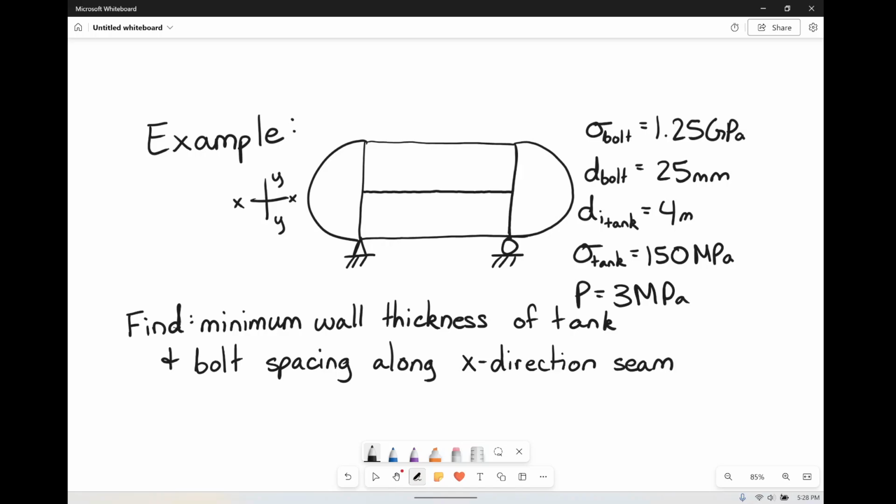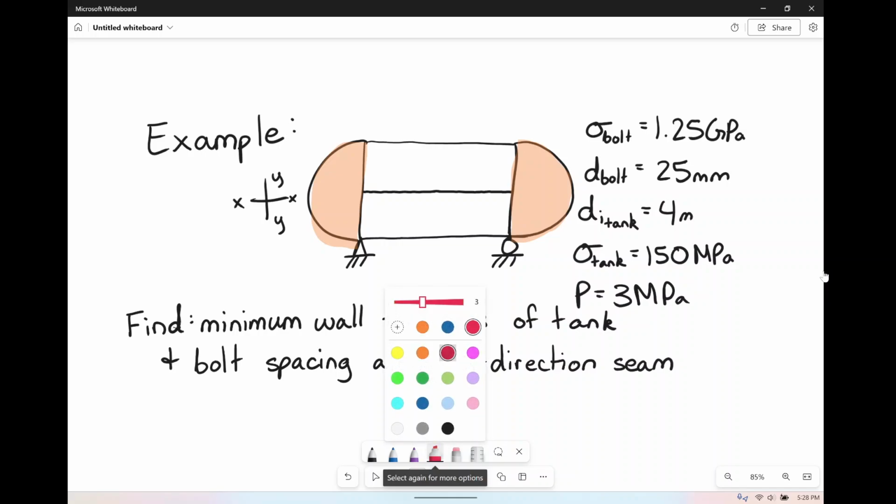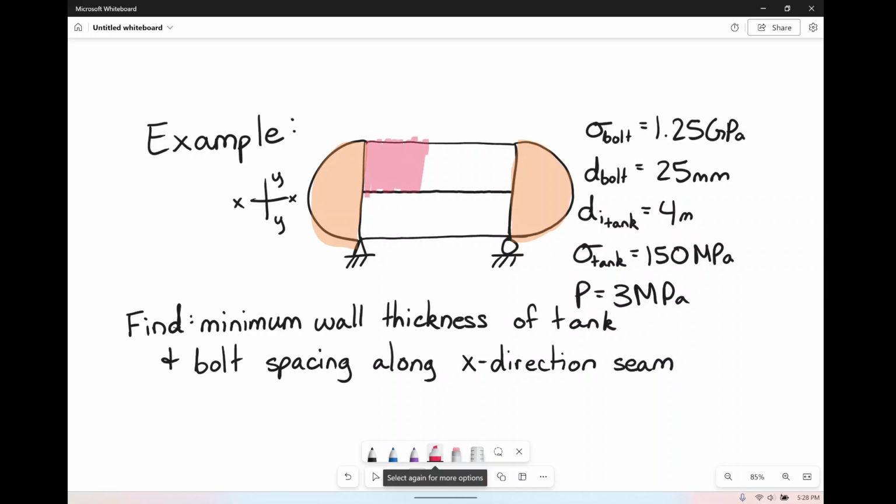In this example, we have 4 shells stuck together. We have these 2 shells on the outside that are hemispheres, little semicircles that are going to be attached together. And then we have these other 2, which are part of a giant cylinder, a cylinder with circular caps on the end to make it look like a pill.